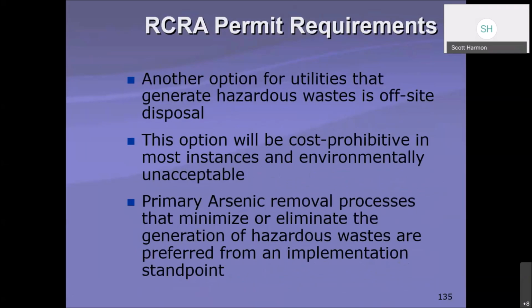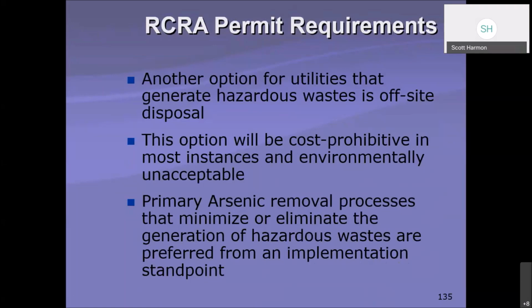It becomes costly. Again, our wastewater folks can tell us that land use for your wastewater sludge is now a big issue all over the country. This is a cost prohibitive item, and in most instances environmentally unacceptable in some areas, right? A primary arsenic removal process that minimizes or eliminates the generation of hazardous waste is preferable from an implementation standpoint. And that's true.